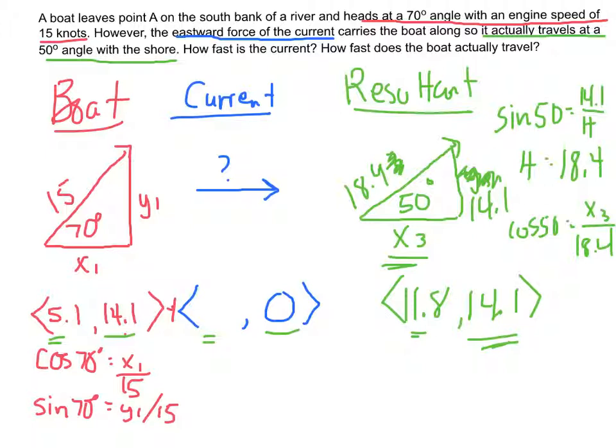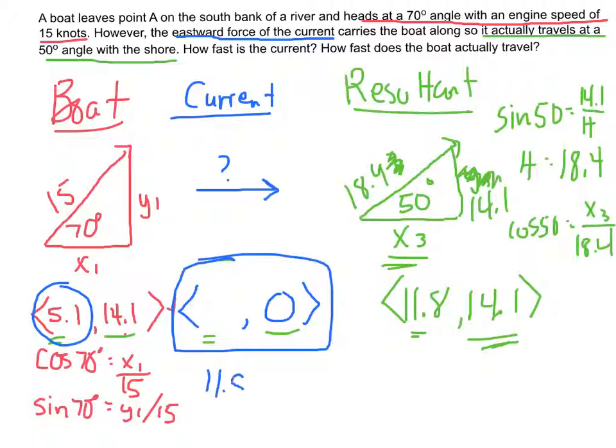That means I need to figure out this stuff right here. I know that if I take 5.1 plus the speed of the current, I get 11.8. So basically all I'm doing is 11.8 minus 5.1, and that would give me 6.7.